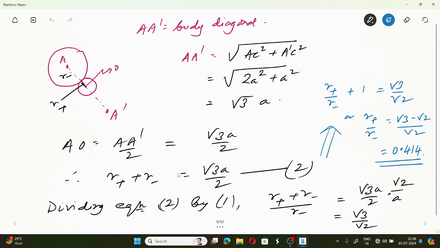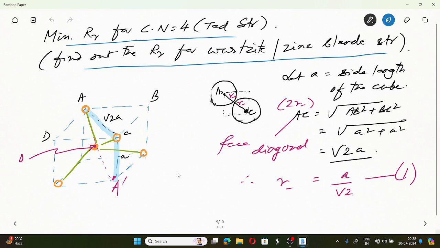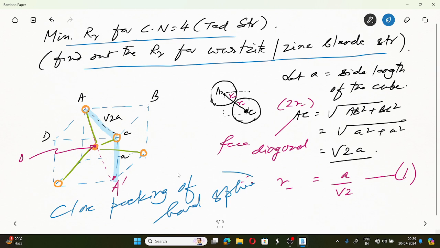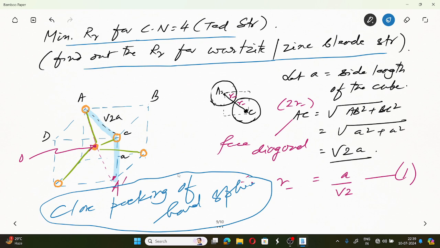Once again, it is very important. Close packing of hard spheres has to be mentioned. Close packing of hard spheres. Otherwise, after this derivation, they will deduct marks. So I have mentioned many a times that accuracy is very important.